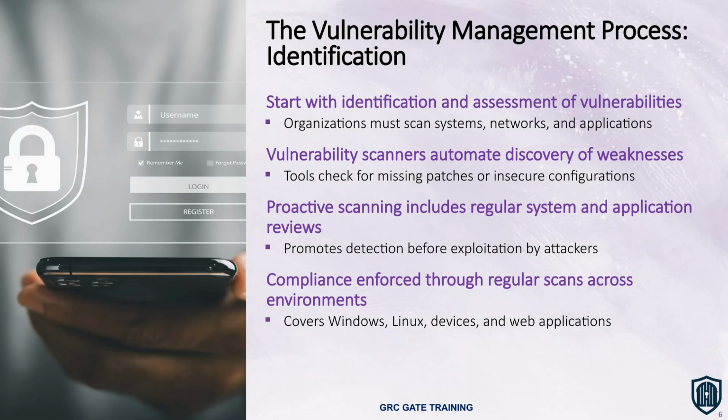Specialized tools, known as vulnerability scanners, automate this process by checking for missing patches, insecure configurations, or outdated software versions. These tools support a proactive security posture, enabling teams to detect and address vulnerabilities before they can be exploited by attackers. For instance, enterprise environments routinely scan their Windows and Linux systems, network devices, or web applications to ensure that all components are current and compliant with security standards.